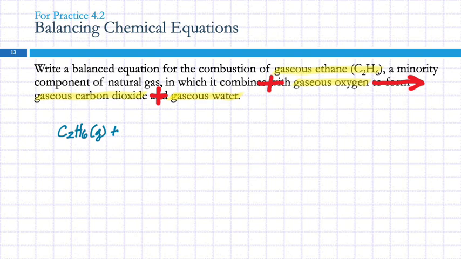Gaseous oxygen. Now, that needs to be O2 because oxygen is one of the diatomic elements. When a diatomic element is present alone, not with carbon or hydrogen or something else, they always use the buddy system, and there's always going to be 2 of them. Right, so that's O2.